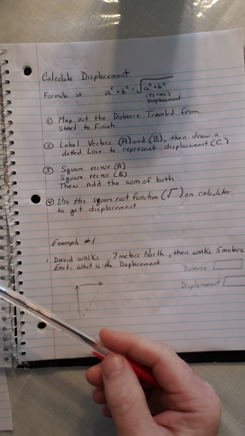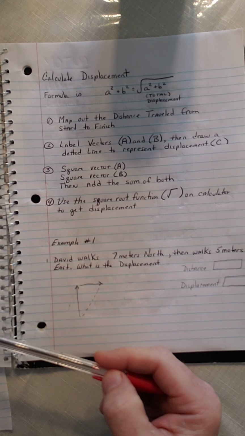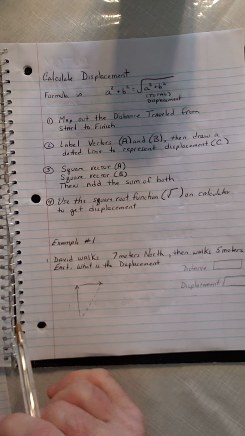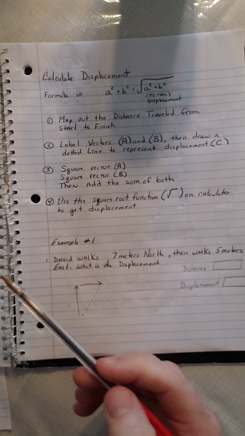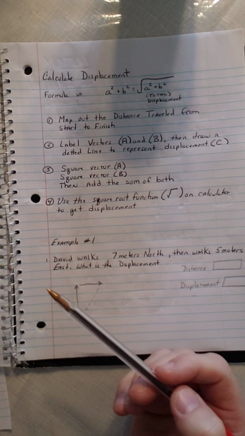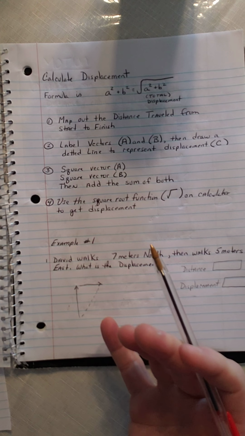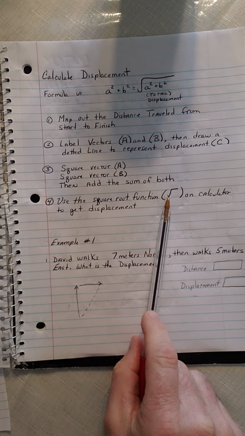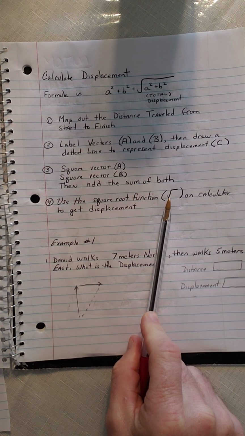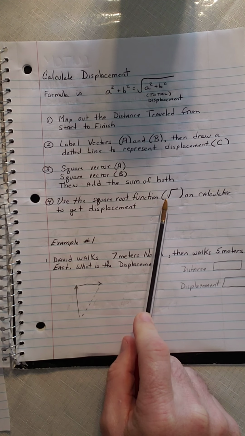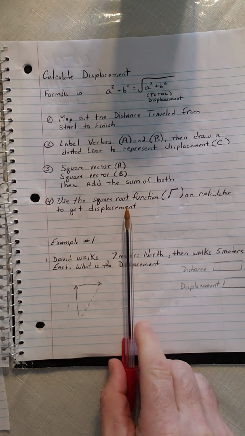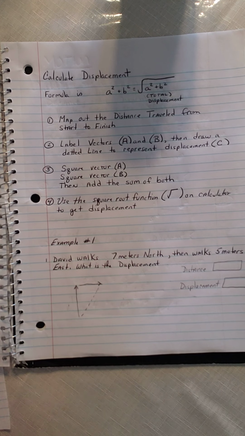So if A is 5, well, 5 squared is 25, 5 times 5. If A is 8 and I square it, 8 times 8 is 64. That's what squaring is, just as a quick review. Then I'm going to use the square root function of your calculator. In some phones, you may have to turn it sideways to get the square root function, to get the displacement.